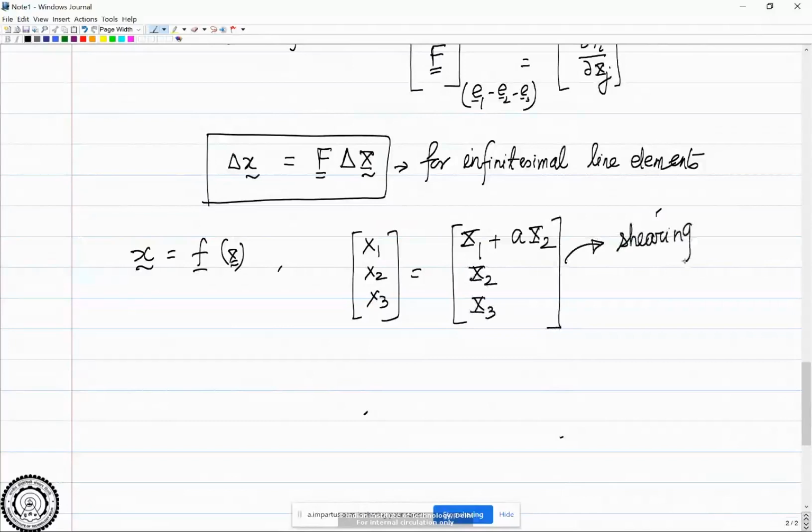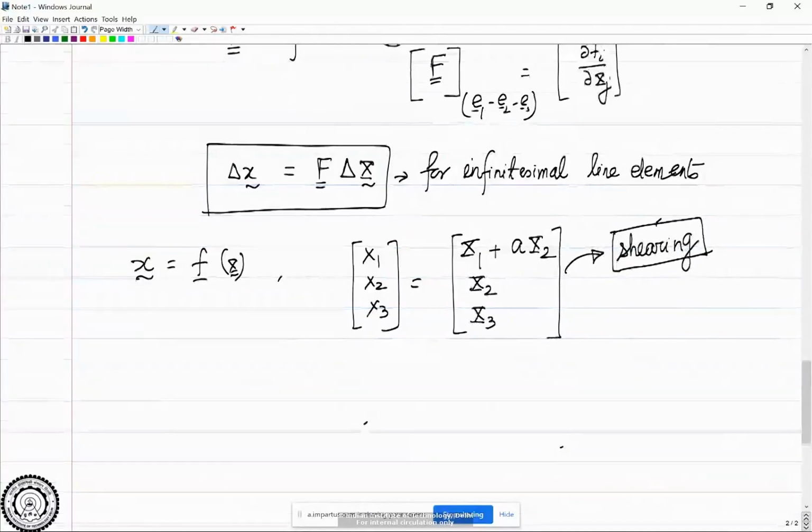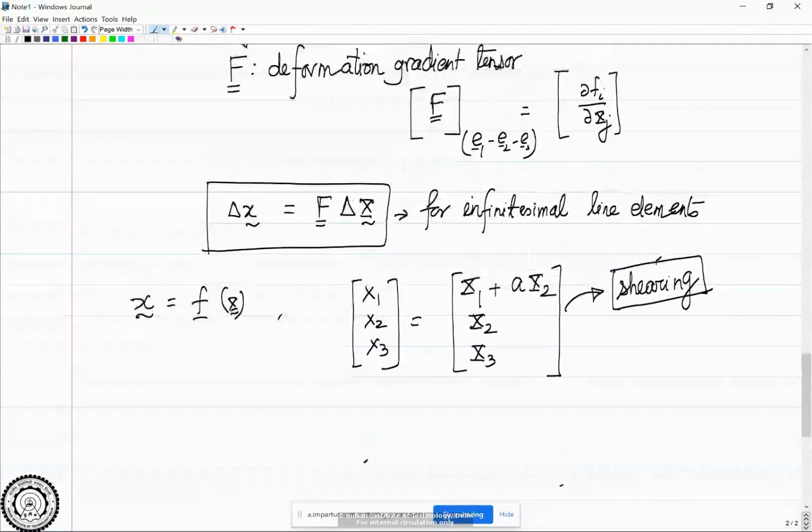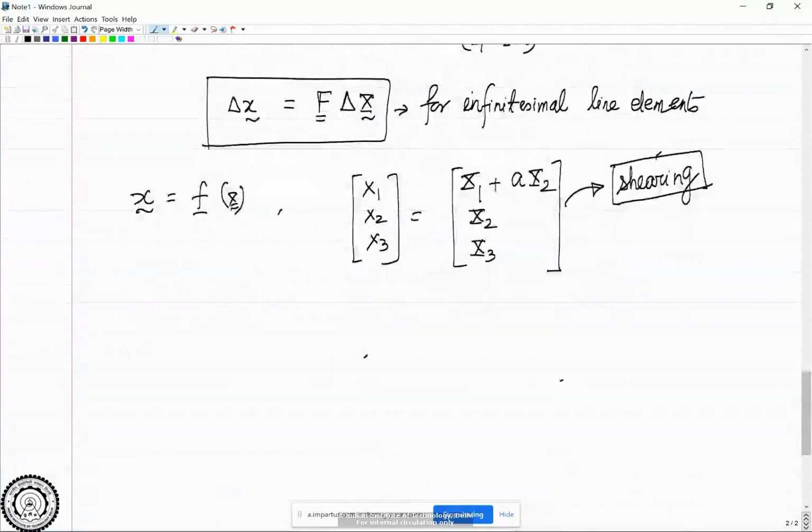We'll show that it actually turns out to be a case of shearing. Some of you may have seen this also, that this is the example of shearing, but I'll also demonstrate it later on. If this is the deformation map, first find the gradient, big F. In this case you find the matrix, because I have to work with some coordinate system. The first term will be del small x1 by del capital X1, which is 1.